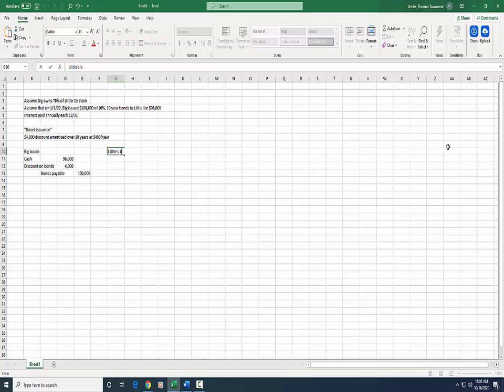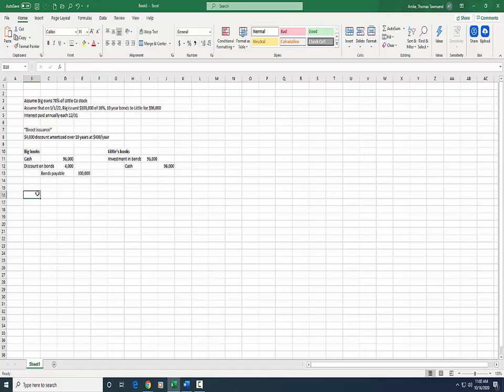On Little's books, they're the ones who are buying the bonds. So they're going to have investment in bonds for the price they paid for them, and they write a check for $96,000. Okay, so this is what Big and Little did when this transaction took place.